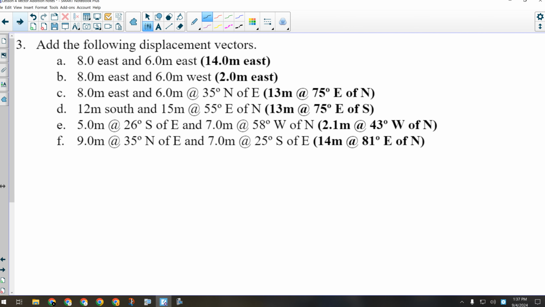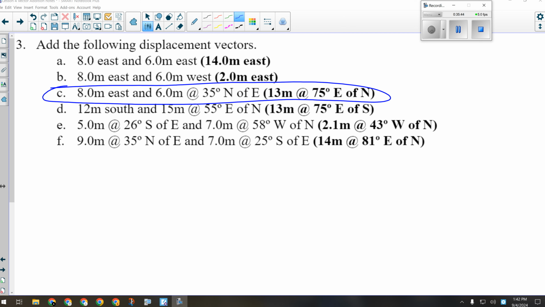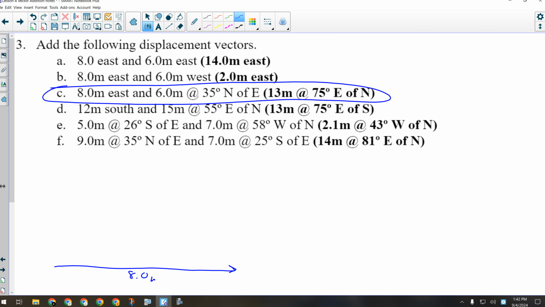Let's have you guys try 3C. It's very much like the ones we just did. Okay guys, just so you can double check your diagram here. You've got 8 meters east. And then you've got 6 meters at 35 degrees north of east. So reference line is still due east.